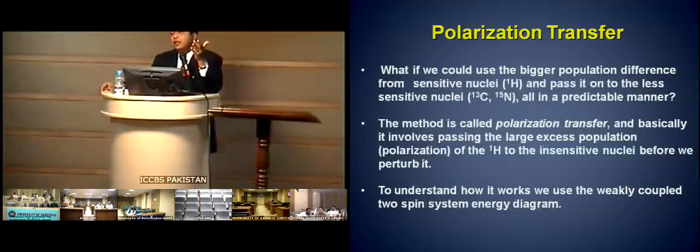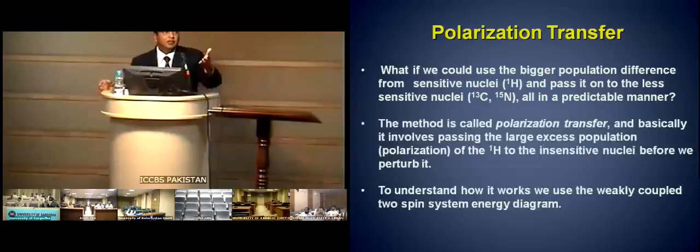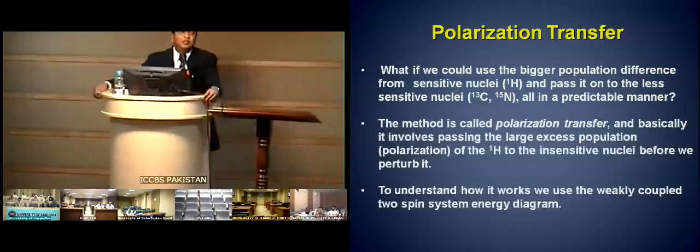How it can be developed into a practical experiment was a nightmare. People have worked extremely hard to make it happen. It's not like money which I give to you and you become suddenly poor. It's not the question of this. There is something which needs to be done which selectively transfers the population of proton to the carbon.